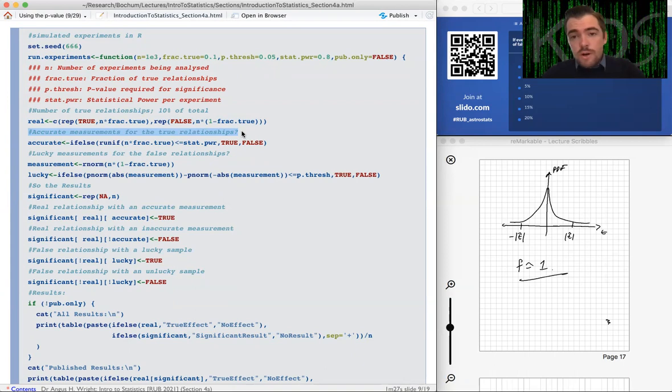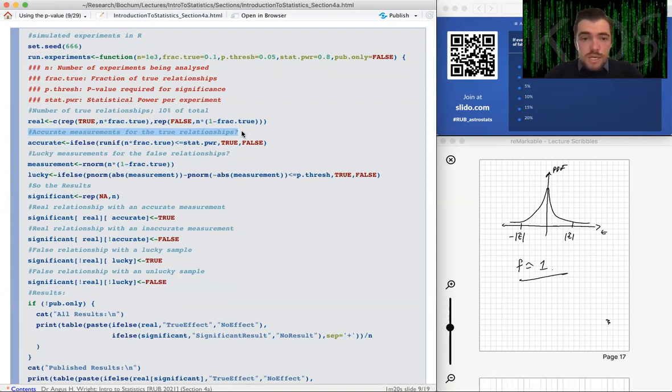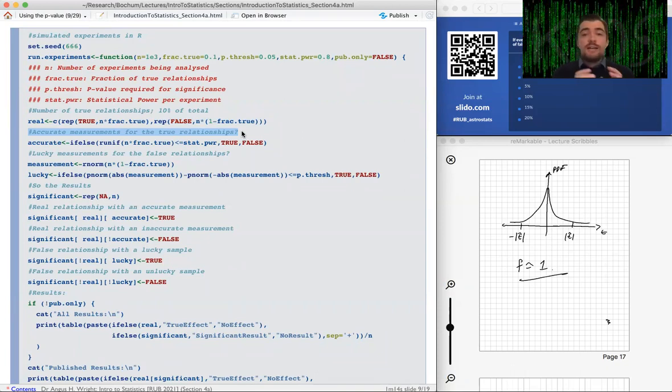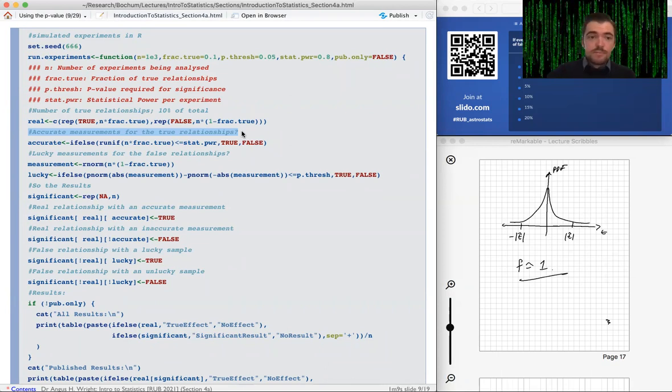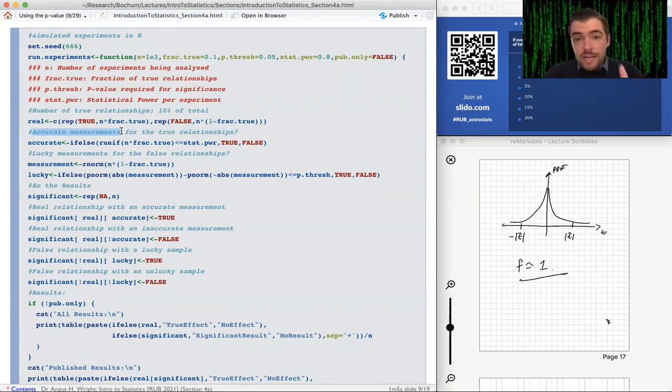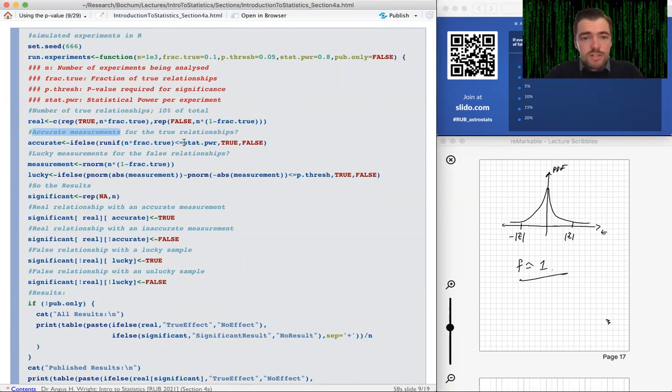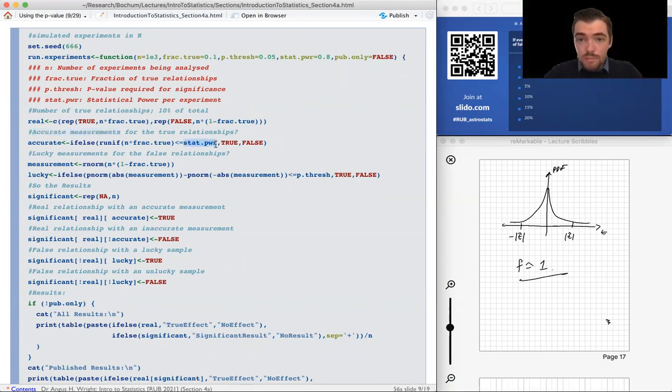Now, you can work under the assumption that if a true relationship is present, you ought to measure it a certain fraction of the time. Given that you have done an experiment, it works 80% of the time. That value, how often, given a true relationship, I expect to measure a true relationship, is referred to as the statistical power of an experiment.